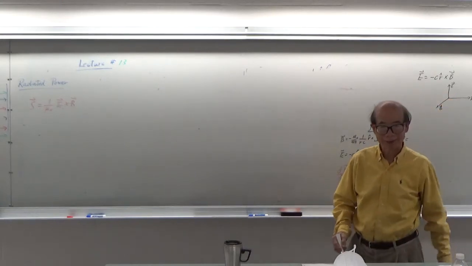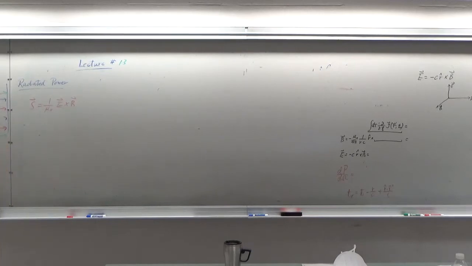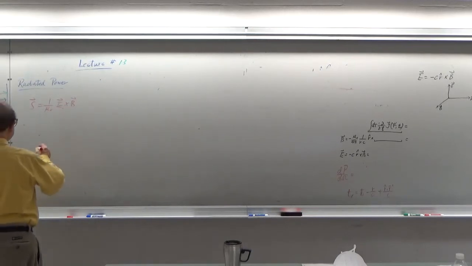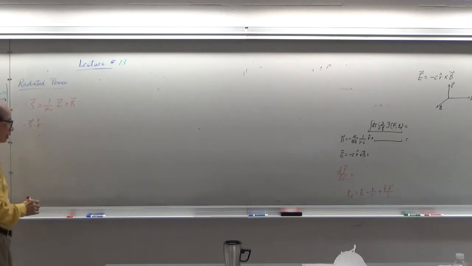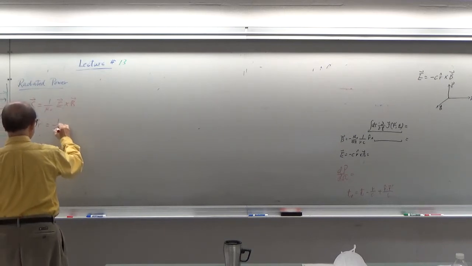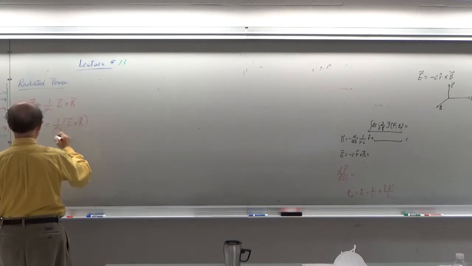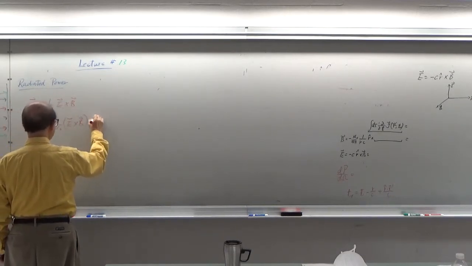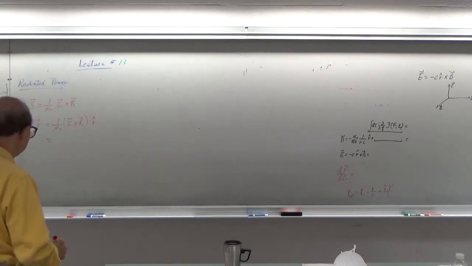That's to be expected, that's where we look for the observation. So let me look at the magnitude, since it's in the R hat direction: 1 over mu naught E cross B dot R hat.